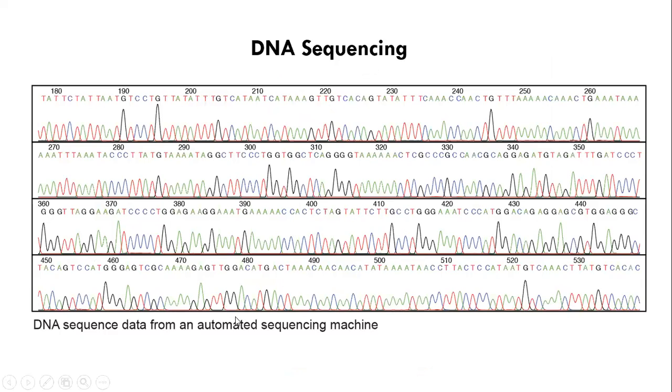You just give a sample and put it in an automated sequencer, and the DNA sequencing can give a stretch of, say, 180 to 530 nucleotides, probably 300 nucleotides here. The machine tells you the nucleotide position, for example position 531, and it gives a specific peak based on the fluorescence signal, telling you the exact identity of the nucleotide in the template strand.